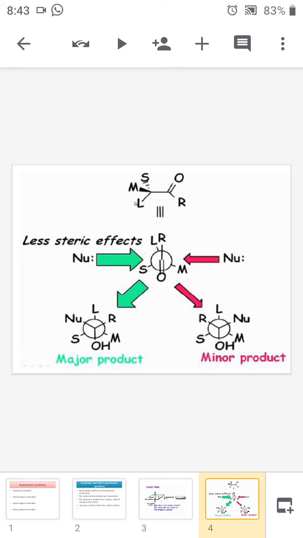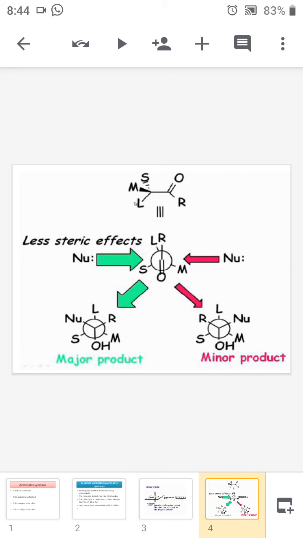So we know that steric hindrance exists. So there is little chance of the nucleophile attacking the carbonyl group, and the product shown by the red arrow is only a minor product because there is a lesser possibility of the attack of the nucleophile to the carbonyl group.